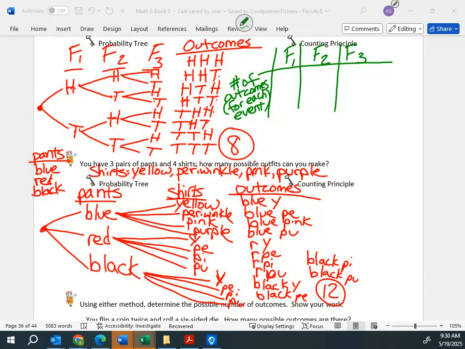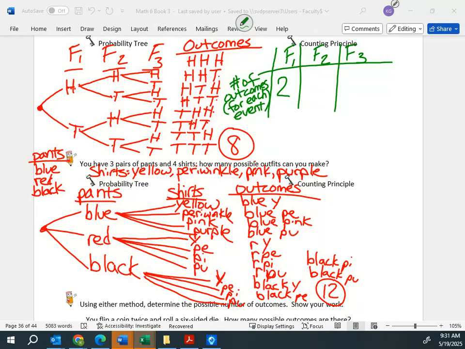Okay, so flip 1, how many outcomes are there? James? 2. You could get heads or you could get tails. So we put a 2 there. Flip 2. I flip my coin a second time. How many outcomes are there with that one flip of the coin?